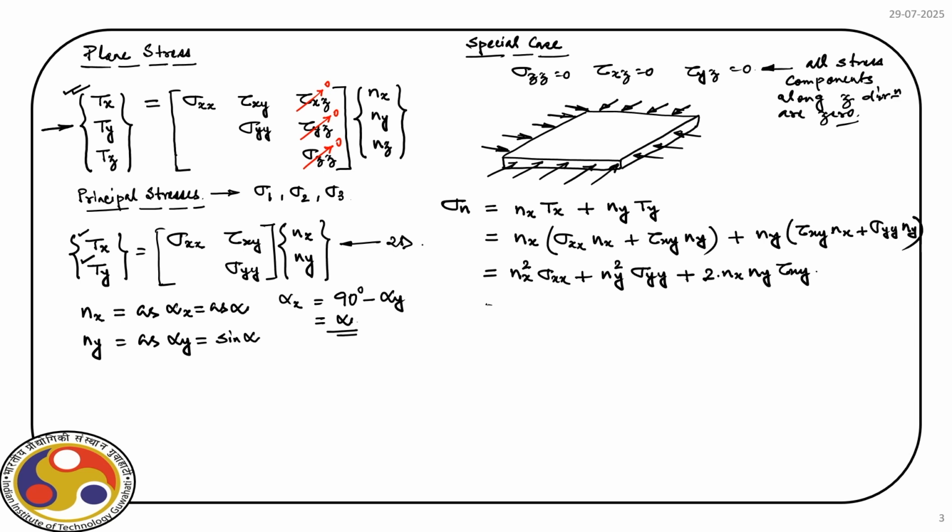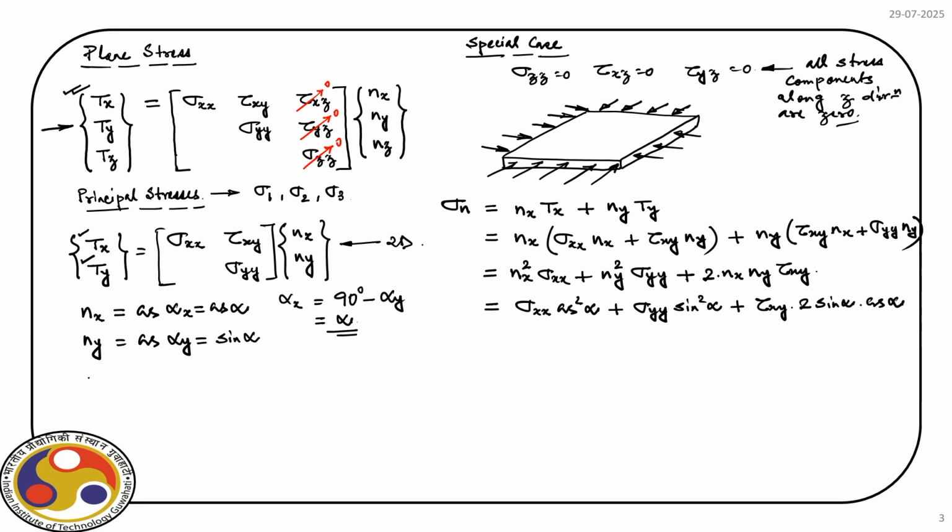Then, if we modify this expression, we have sigma xx cos square alpha plus sigma yy sin square alpha plus tau xy times 2 into sin alpha cos alpha, and this is exactly the expression we derived earlier.